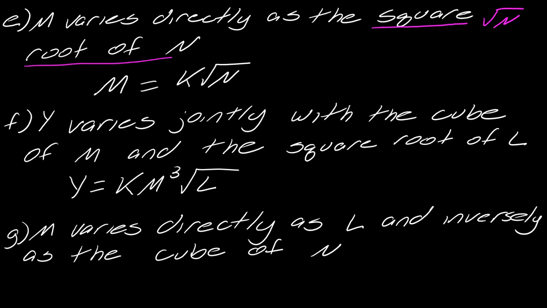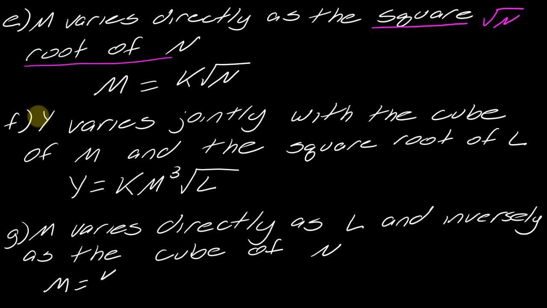So this last one, M varies directly as L and inversely as the cube of N. So now we're being told to do two things. We have both varies directly and varies inversely. So that's totally possible. And if you're wondering, it's still just one K. So I have M varies directly.